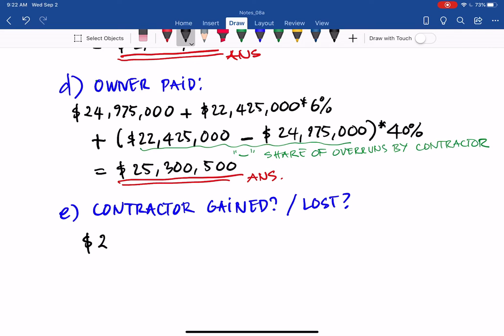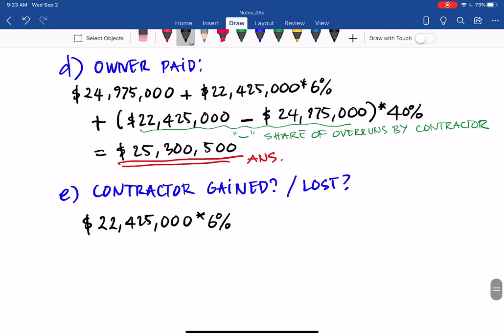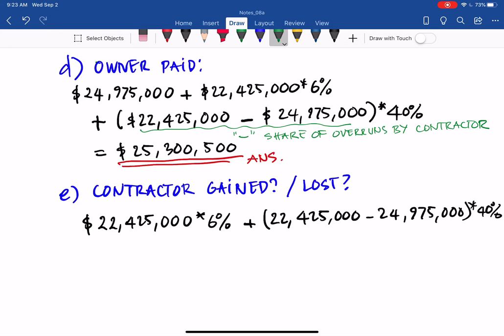So they receive the fee, 22,425,000 times 6%, and then they have to share the risk of the overrun. So it will be 22,425,000 minus 24,975,000, 40% of this they have to take care of. Again, this is a negative number because that is overrun. You have to take care of the rest.